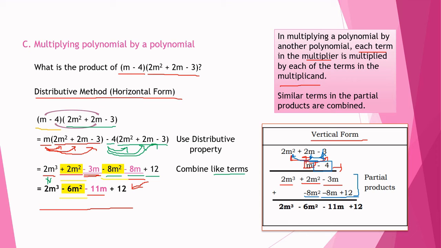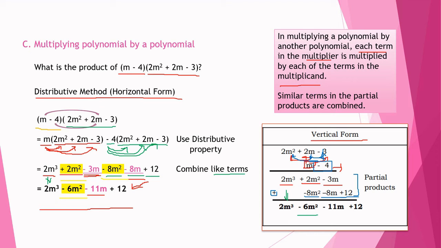Okay, then add following the rules in addition of polynomials. So bring down 2m cubed, then subtract and copy the sign of the bigger number. We have negative 6m squared, then copy the literal coefficient. Next, negative 3m plus negative 8m is like sign.